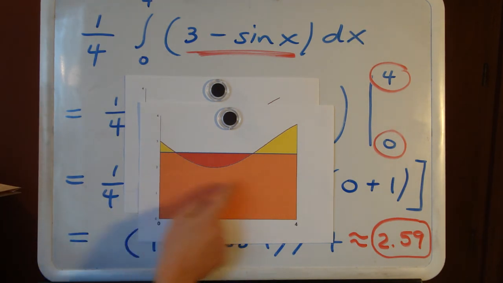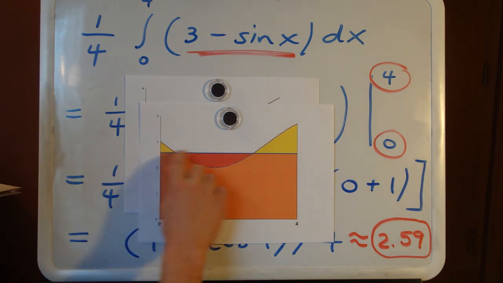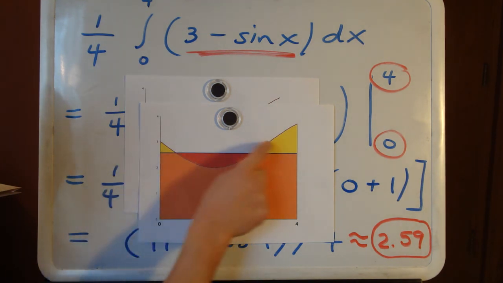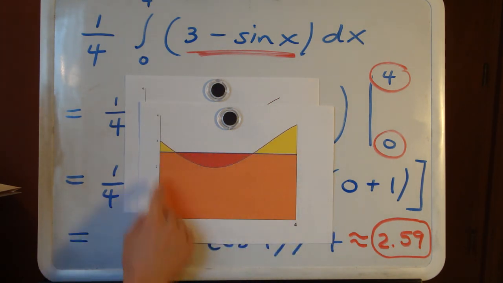Anything that shows up in orange is a combination of both the yellow and the red, so this orange portion is common to both. Because this is the average value, what it's really telling us is that if you calculate the area of what we see in yellow here, it's going to be equal to the area in red, because the area of the rectangle is exactly equal to the area underneath the curve.